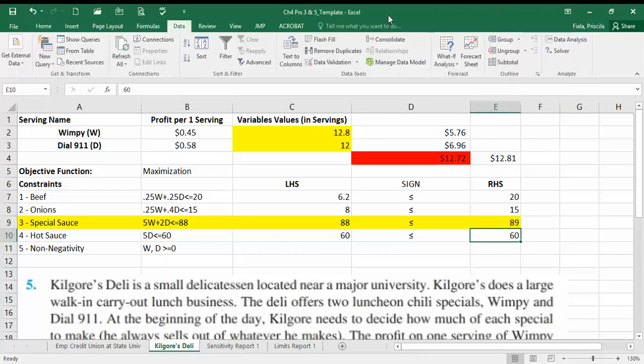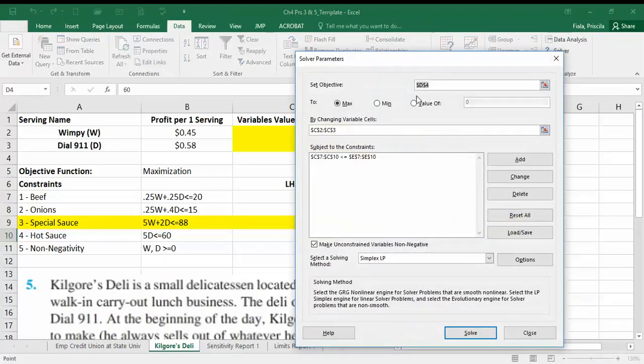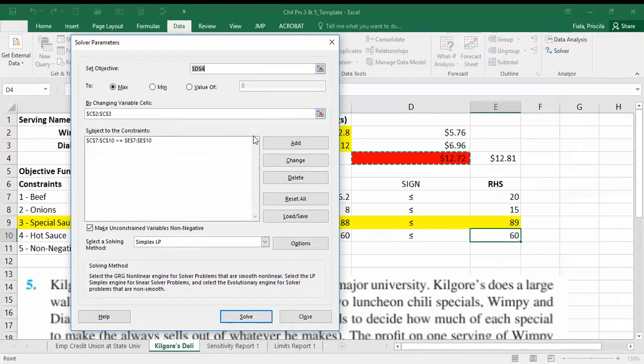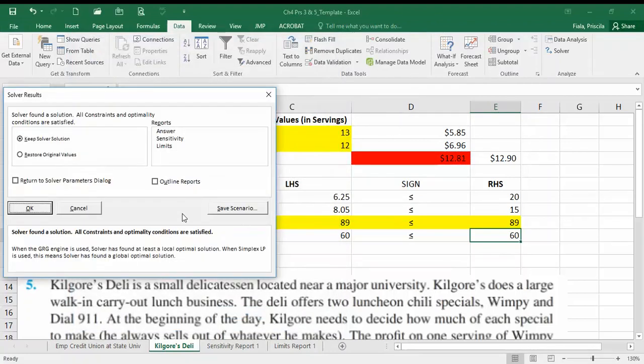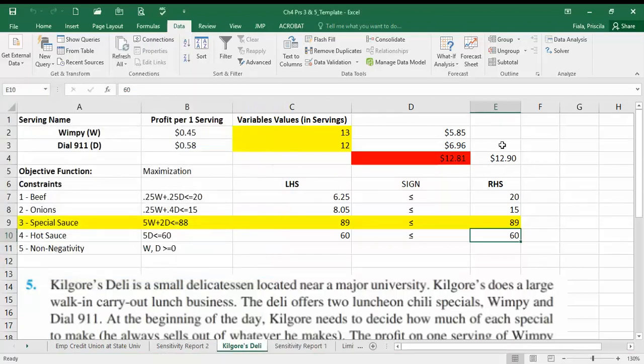So let's go ahead and resolve it. Since right here we refer to the formulas, you really don't have to change anything. You just need to change the right hand side values. So let's solve again and see what happens over here. Keep an eye over here. Solve. Here we go. Do you see how, because I refer to the cell, it automatically gave me a new value since I increased by 1.